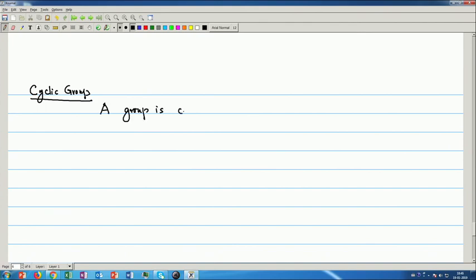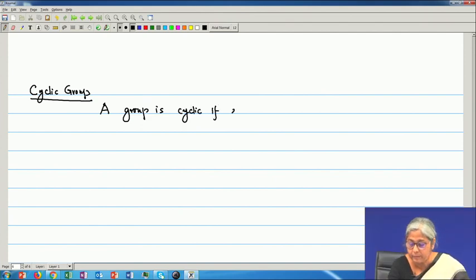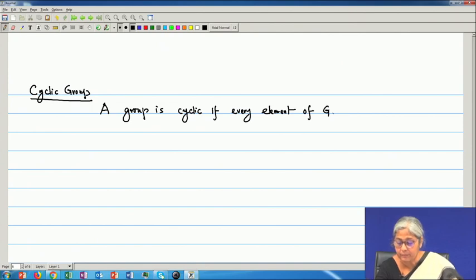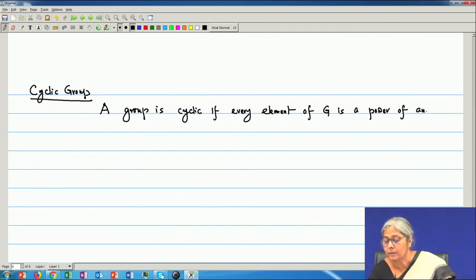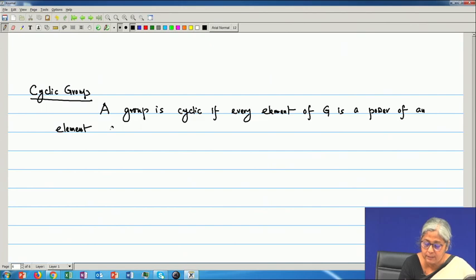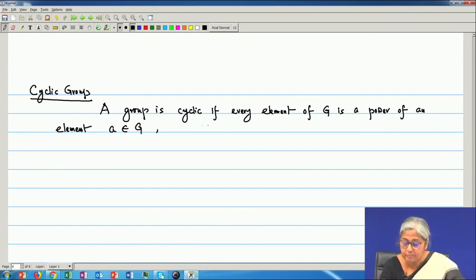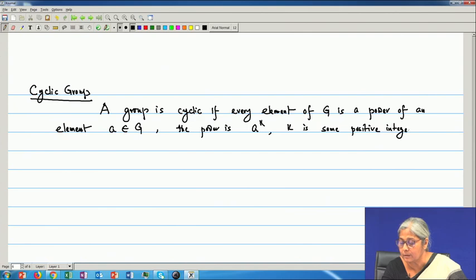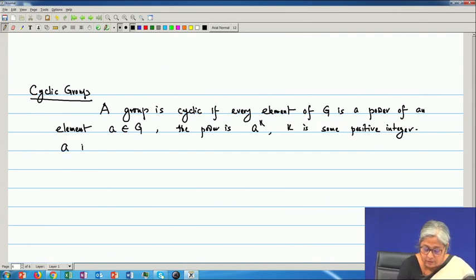The definition is the same: the group G is cyclic if every element is a power of an element, say A belongs to G, where the power is A to the power k, and k is some integer. And A is called the generator.